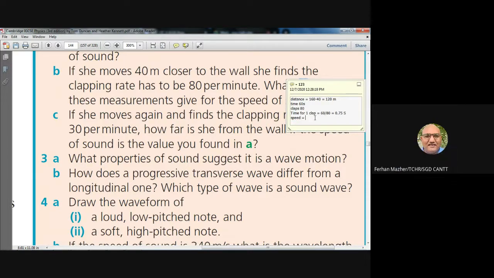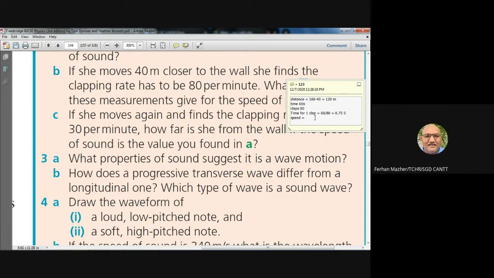When you clap, the sound waves go to the wall, are reflected and come back, and when you hear the echo, you coincide the second clap with it. So the sound took 0.75 seconds to go to the wall and come back, covering 120 meters going and 120 meters coming back.